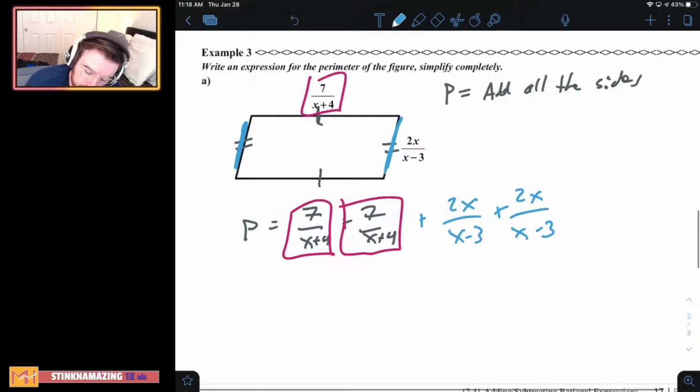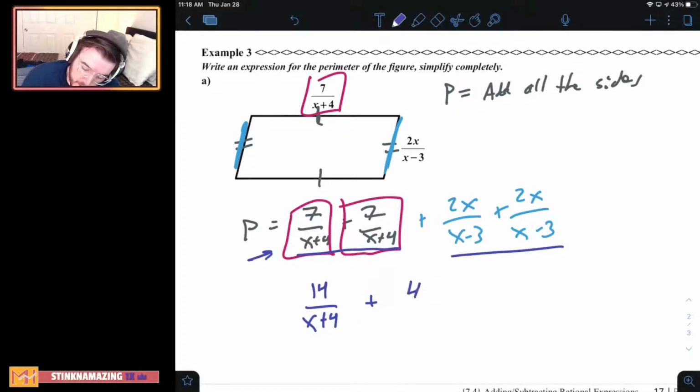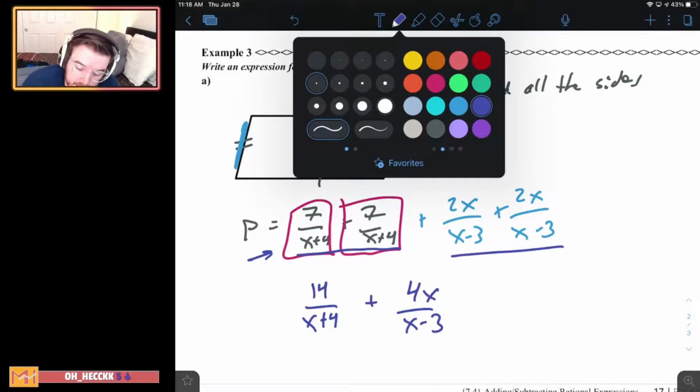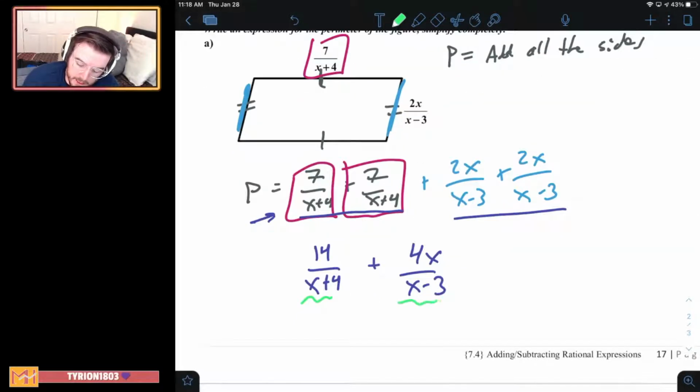So when you add those two things together, right, these guys right here, they already have a common denominator. So boom, it adds together. 14 over x plus 4. And these already have a common denominator because they're the exact same term. So this becomes, boom, 4x times x minus 3. Now, in order to combine these guys together, we have to once again get a common denominator.